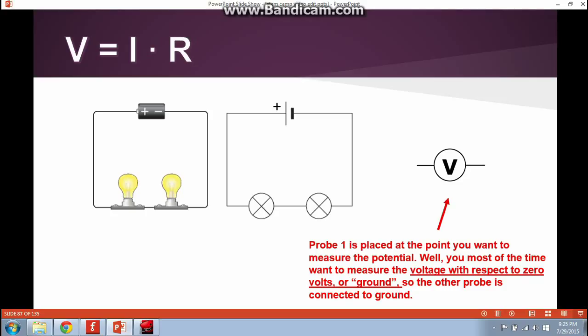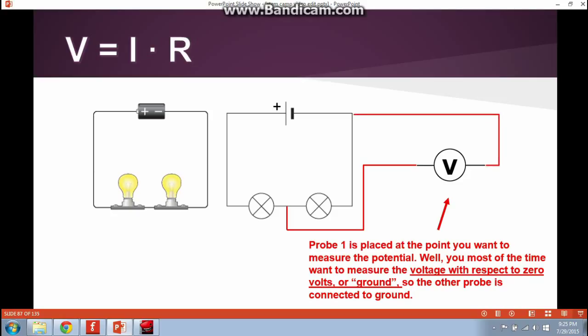The basic idea is that probe 1, or it doesn't really matter which, because you're measuring the potential, the polarity is not a huge deal. You'll just get a negative sign if you hook it up backwards. But probe 1 is placed at the point where you want to measure the potential, and you usually want to measure your voltage with respect to 0 volts, or the ground.